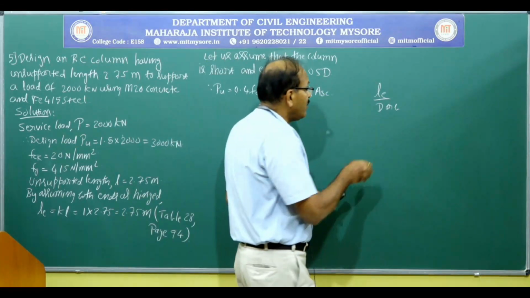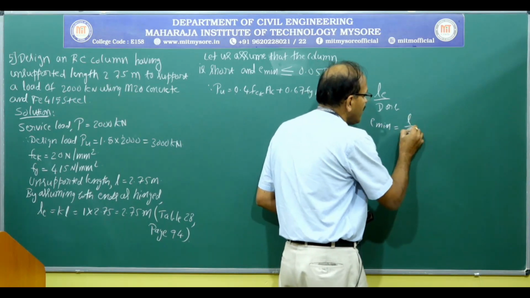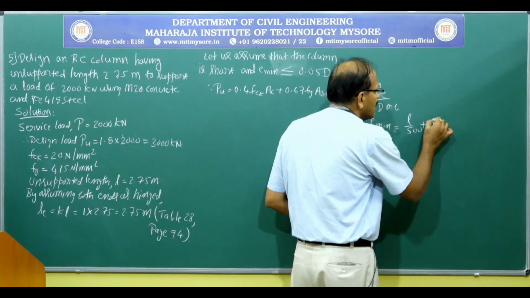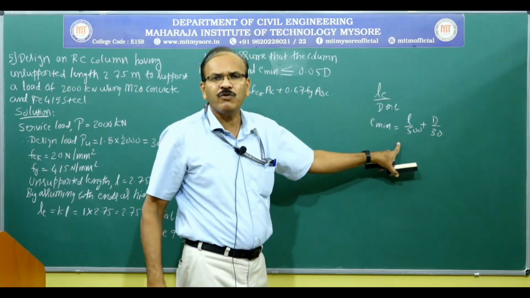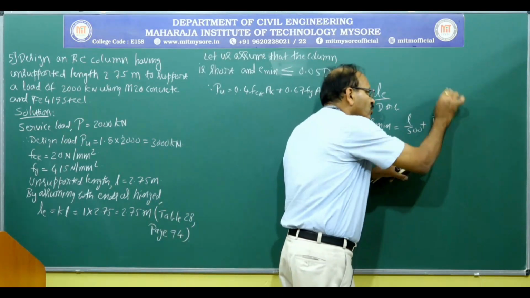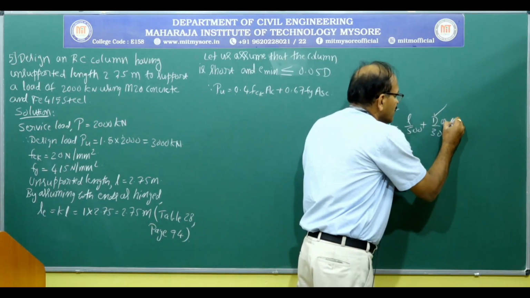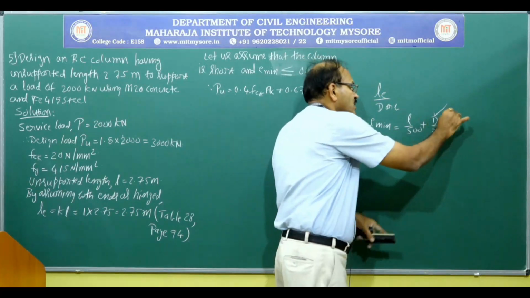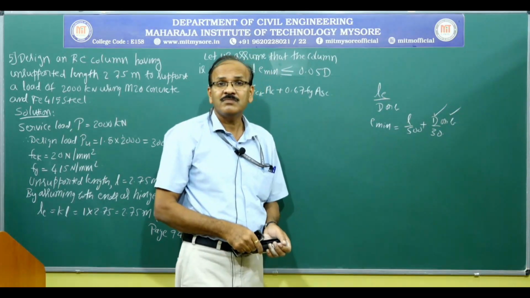Similarly, to find out e minimum, I need L by 500 plus D by 30 as per 25.4 on page 42. Here I don't know this D. So I don't know this or this. So I cannot find out what is e minimum.